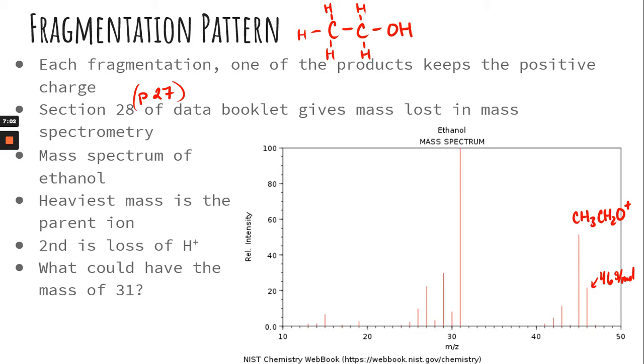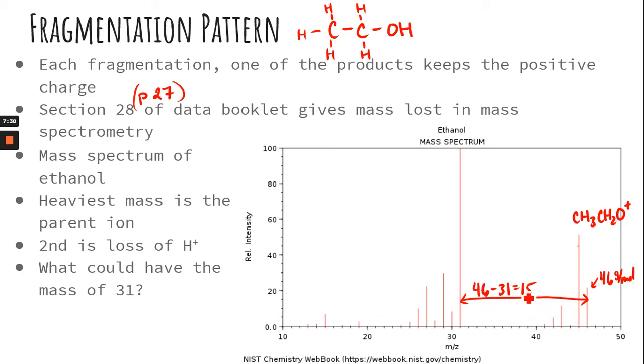So a question on the test might be, what does the mass of 31 represent? So this really big, tall line here, what does that represent? To figure that out, you have to look at the mass difference between the parent ion and that ion. So if we did 46 minus 31, we get a mass loss of 15.